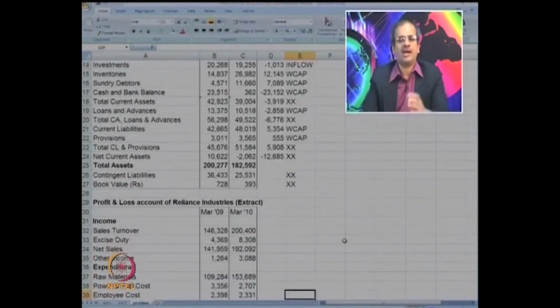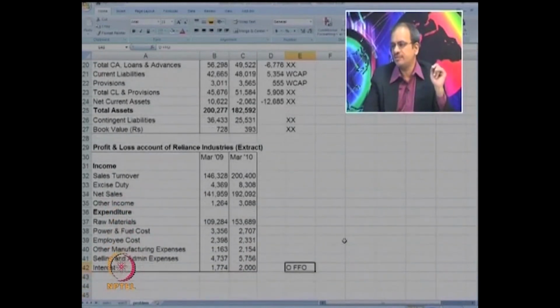Now, go to the P&L account. As you know, most of the items of the P&L we do not consider, but if you feel any item is important, we should look at it. Sales turnover we will ignore, excise duty we should ignore, net sales of course we ignore. Other income, shall we consider?